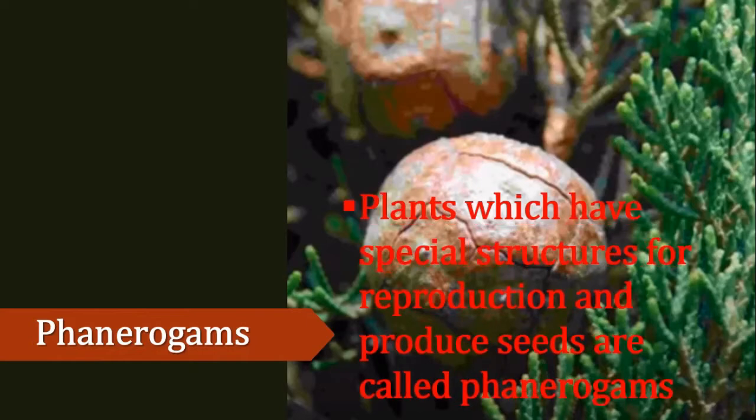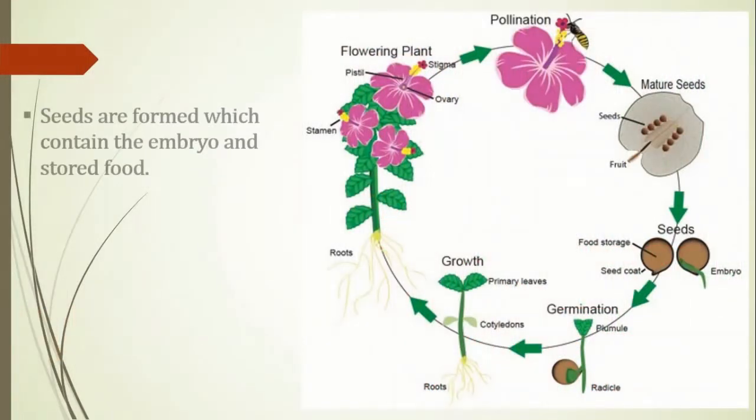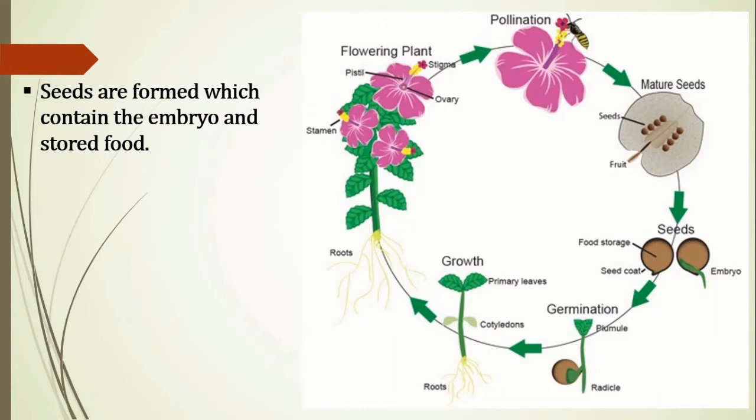Now, let us understand about Kingdom Phanerogams. Plants which have special structures for reproduction and produce seeds are called Phanerogams. Phanero means visible and gams means reproductive organs. In these plants, after the process of reproduction, seeds are formed which contain the embryo and stored food.